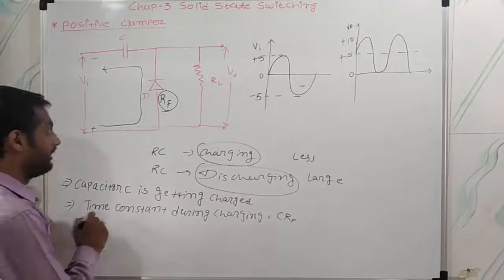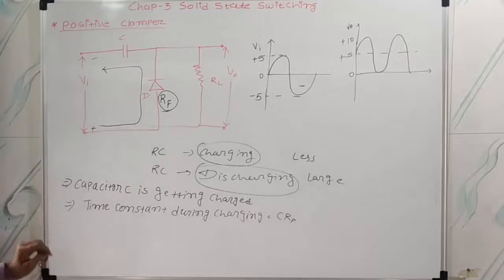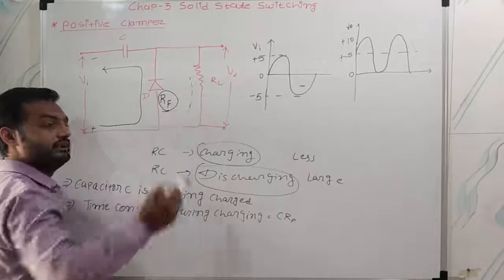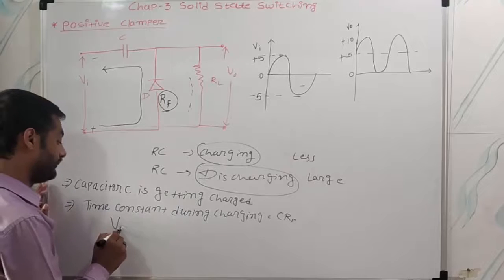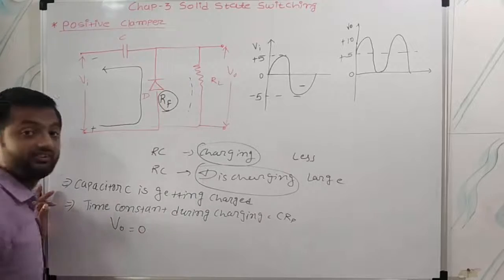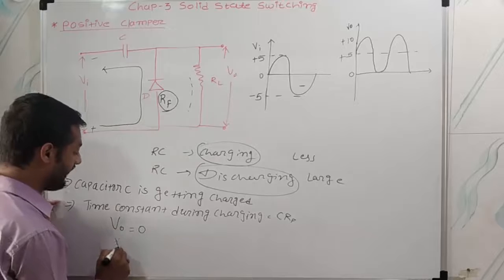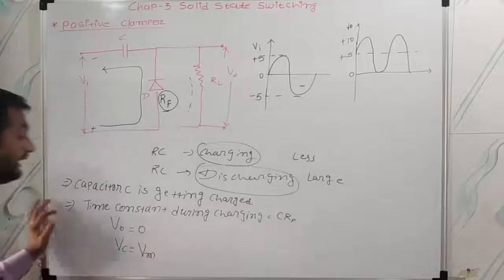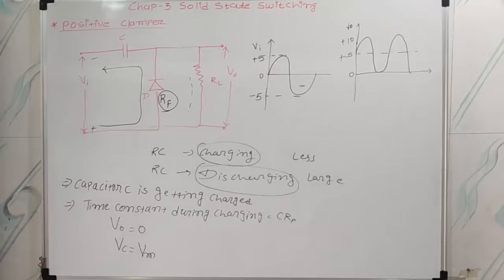Now the capacitor is fully charged, right? At the output no current flows from here, so at the output current is 0, but the capacitor voltage VC equals VM, meaning the capacitor is charged to its maximum voltage.